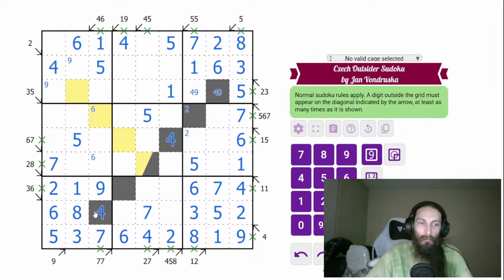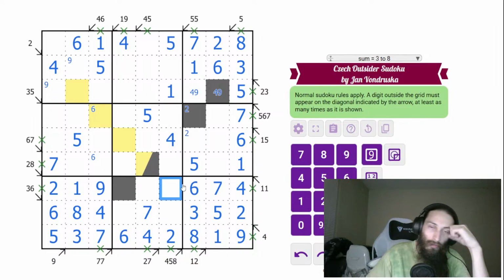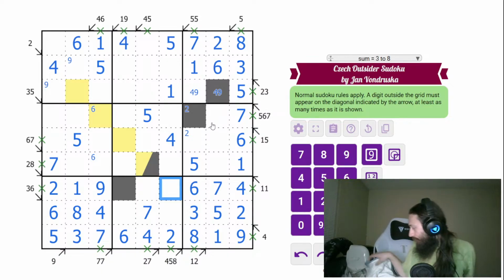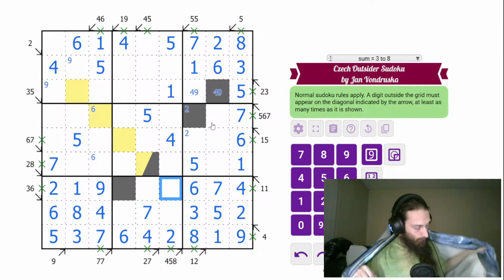And on the black diagonal, 4s can't be 9s. Now it is at least as many, so if we get extra ones, it's not a huge deal. Not that I think there are many places where we can get extras in our numbers.